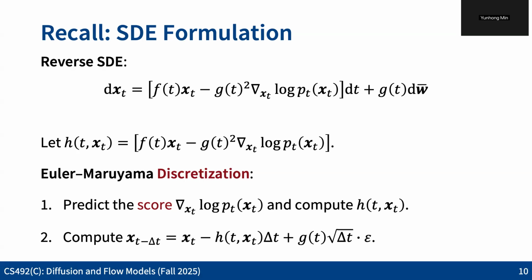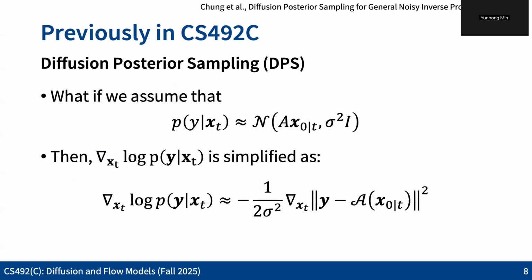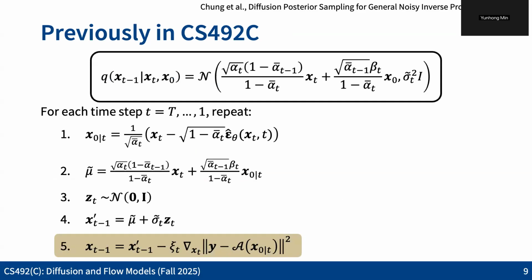So this is the same formulation, but seen as a discrete time-domain discretization of the SDE formulation, right? Then what we can see is how we can compute x_{t-1} by updating it with this additional term here, right? The same thing can also be considered in the SDE formulation.